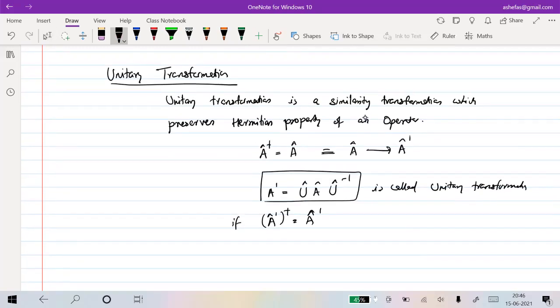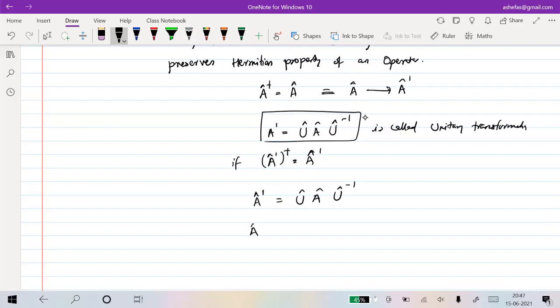Okay, so we can see then the condition on this operator U. So A prime is given as U A U inverse, or A prime dagger is U A U inverse all raised to dagger.